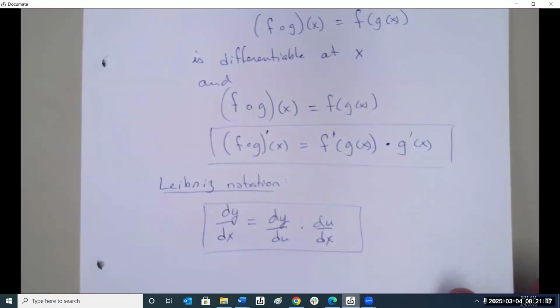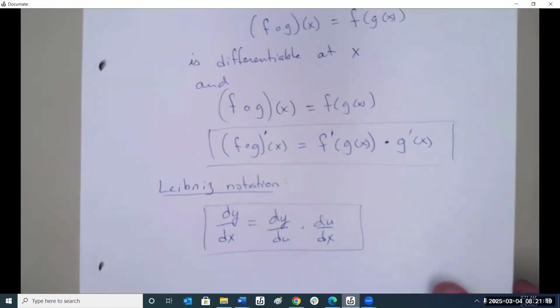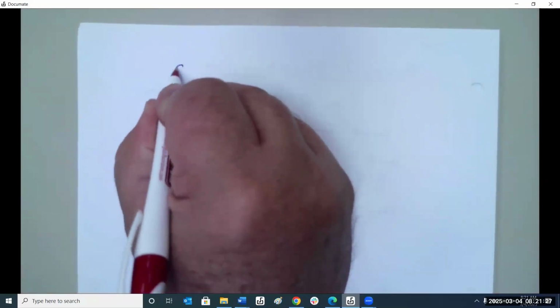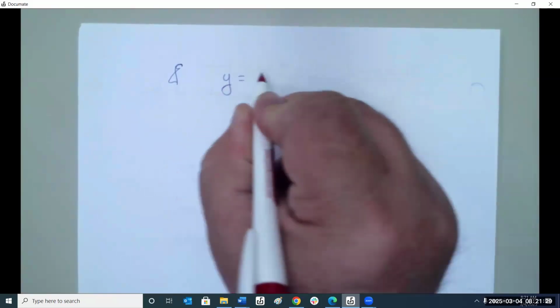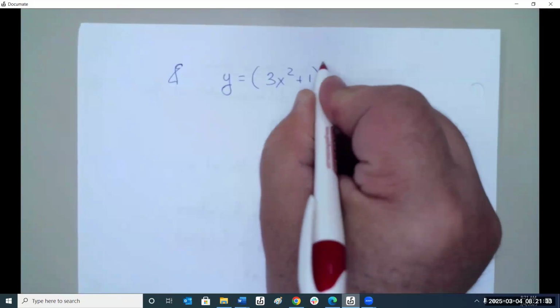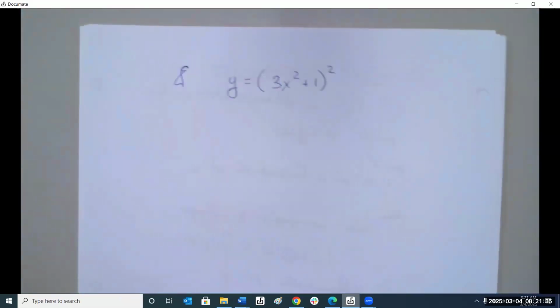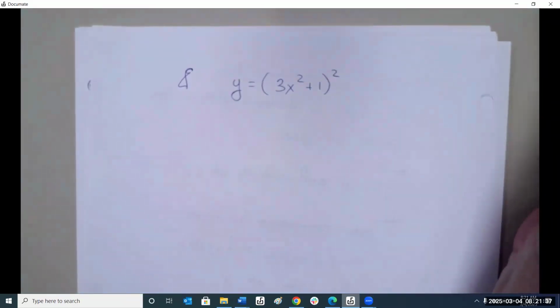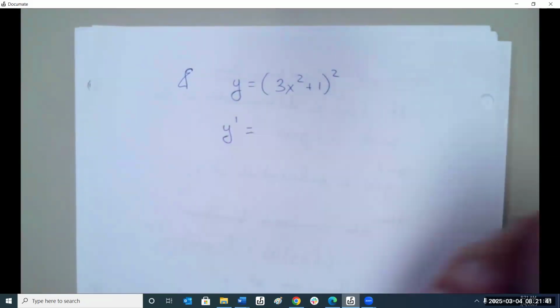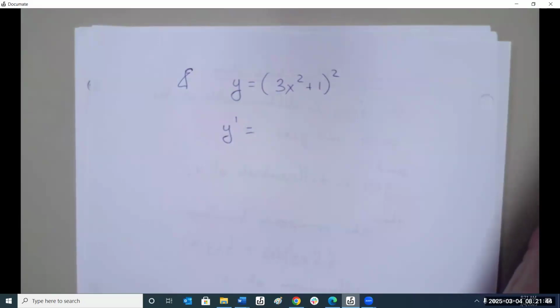Let's look back at the last example we just did. Y is equal to 3x squared plus 1, squared. So the derivative of this function: what's the outer function?